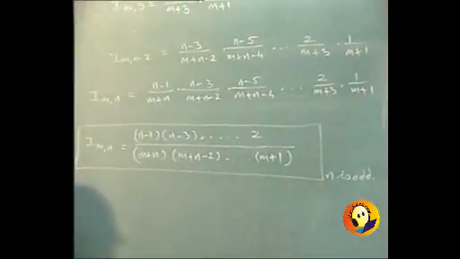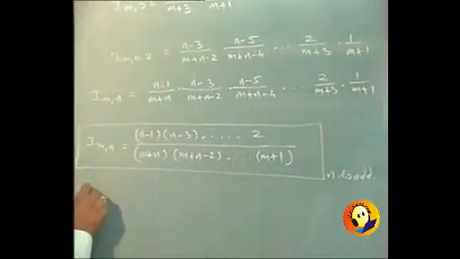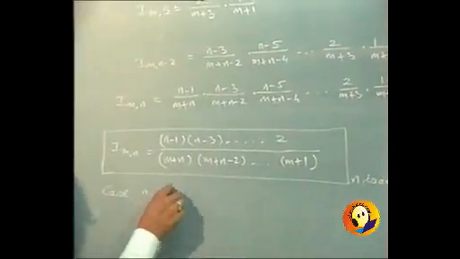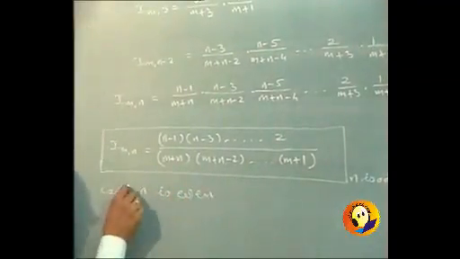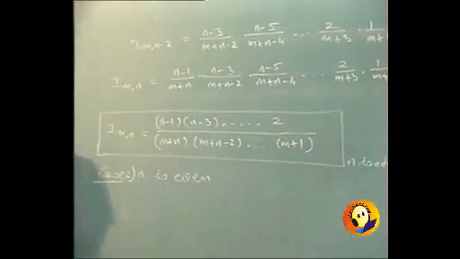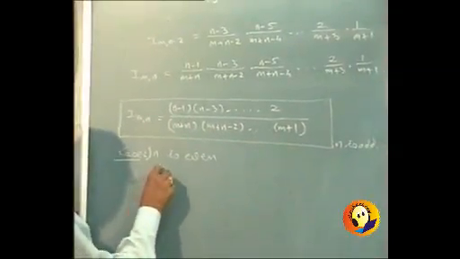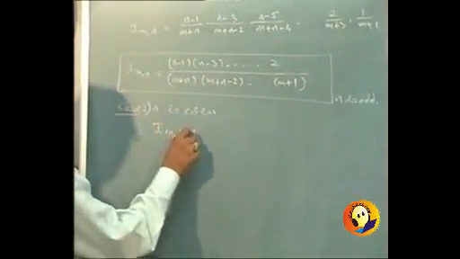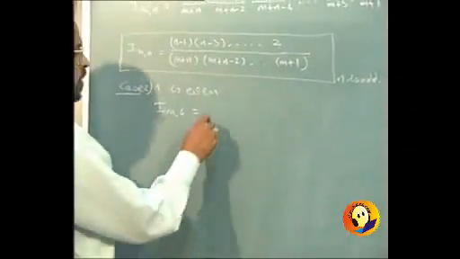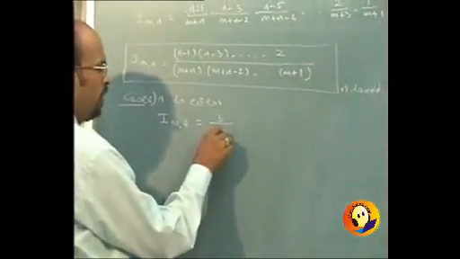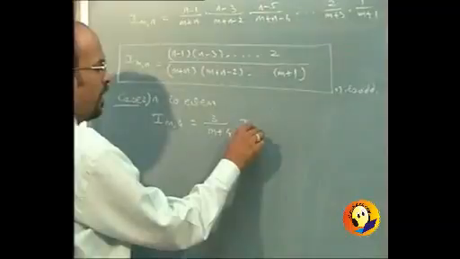The second case will be when n is even. Case 2, when n is even. So we will end up with Im4 equal to 3 upon m plus 4 Im2.